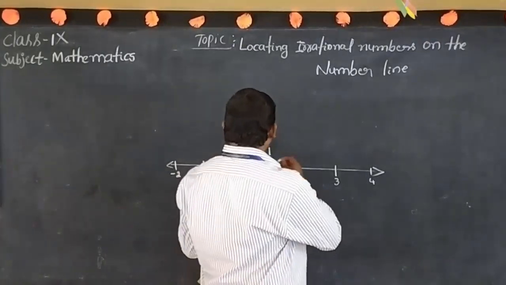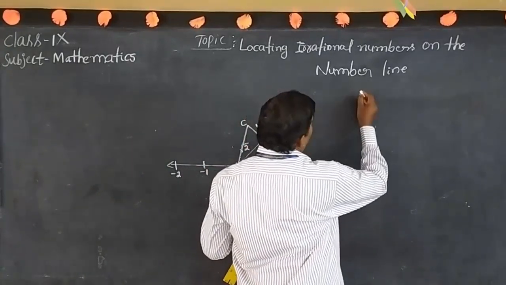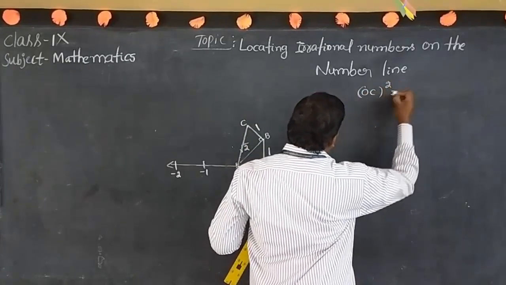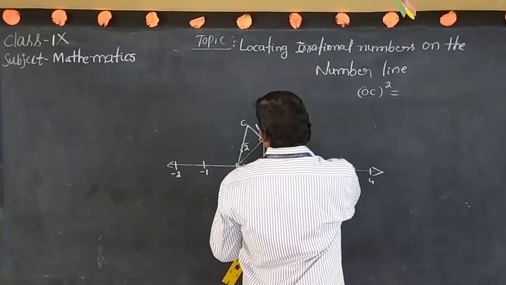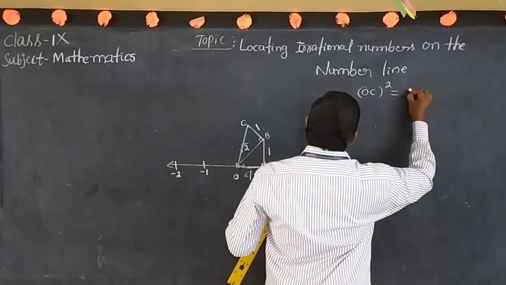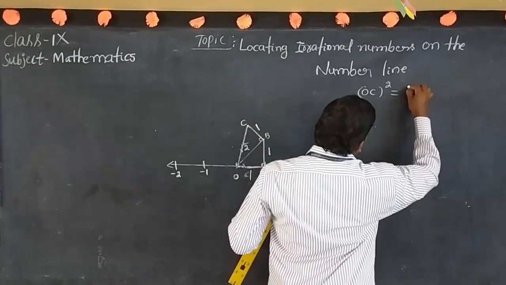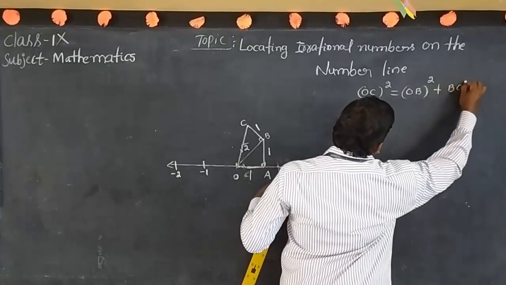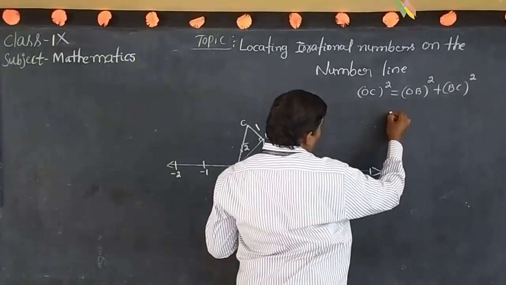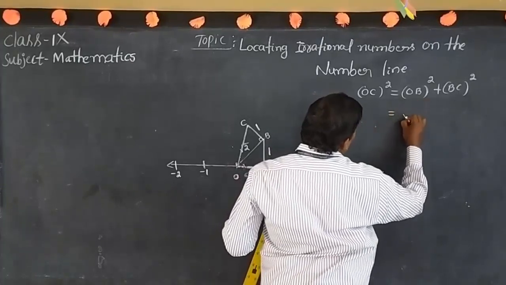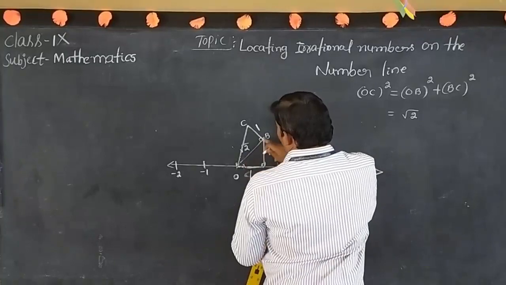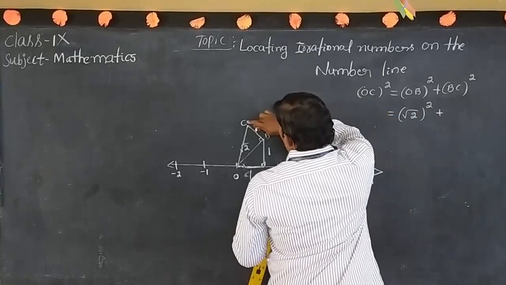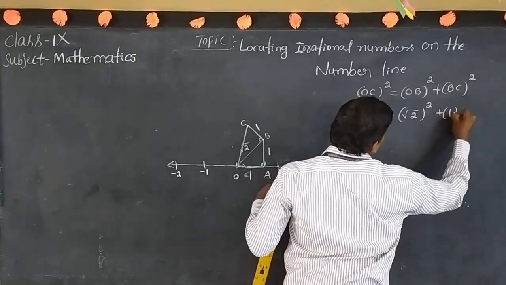By Pythagoras theorem, OC square, the diagonal square, is equal to OB square plus BC square. OB value is root 2, so root 2 whole square plus BC value 1 unit, 1 square.